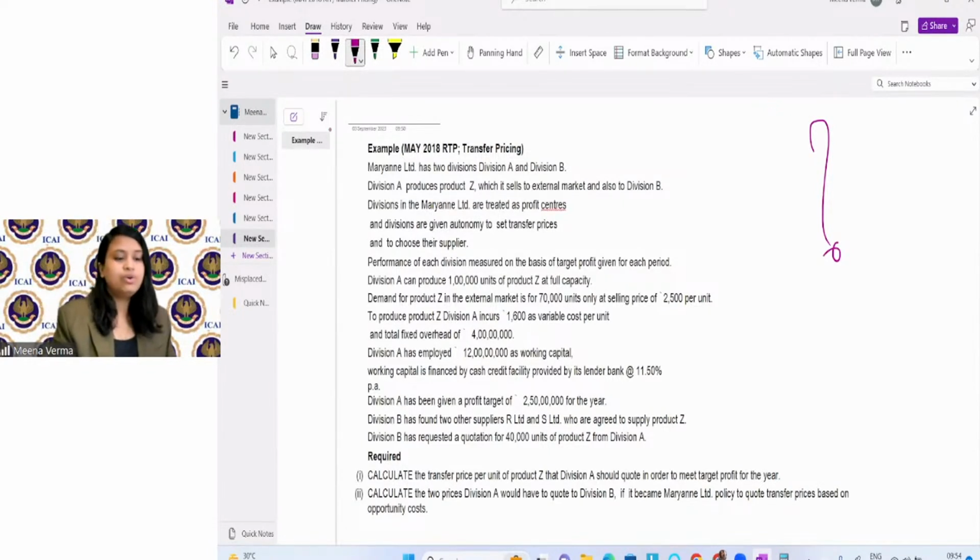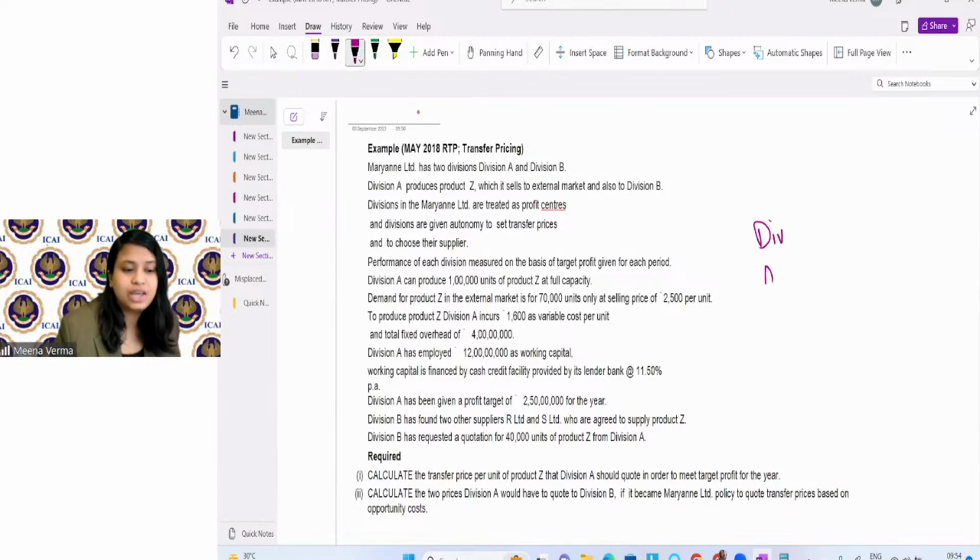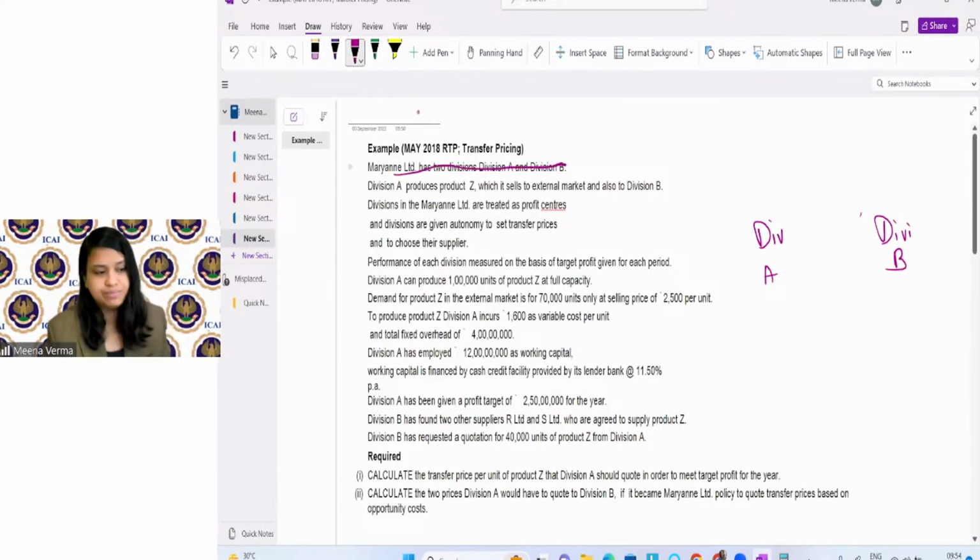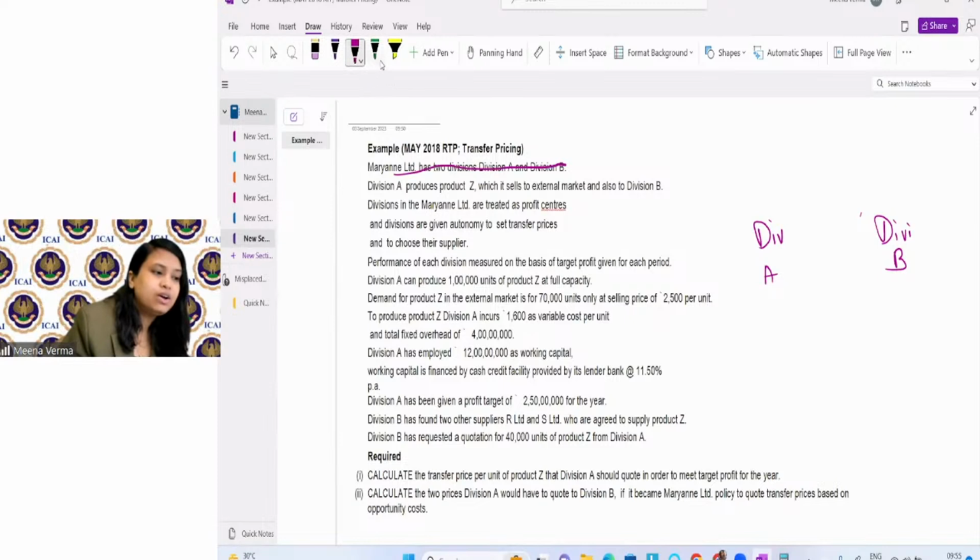Okay, now let's try to understand it. Let's focus on understanding the question. So you can see here we have two divisions, Division A and Division B. So the first line is clear. A company has two divisions, A and B. Then Division A produces product Z, which it sells to the external market and to Division B. So right now what is happening?